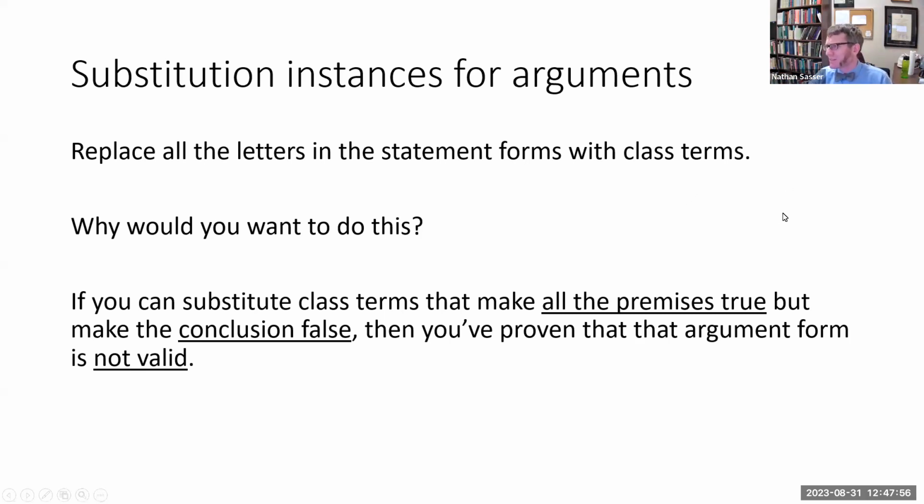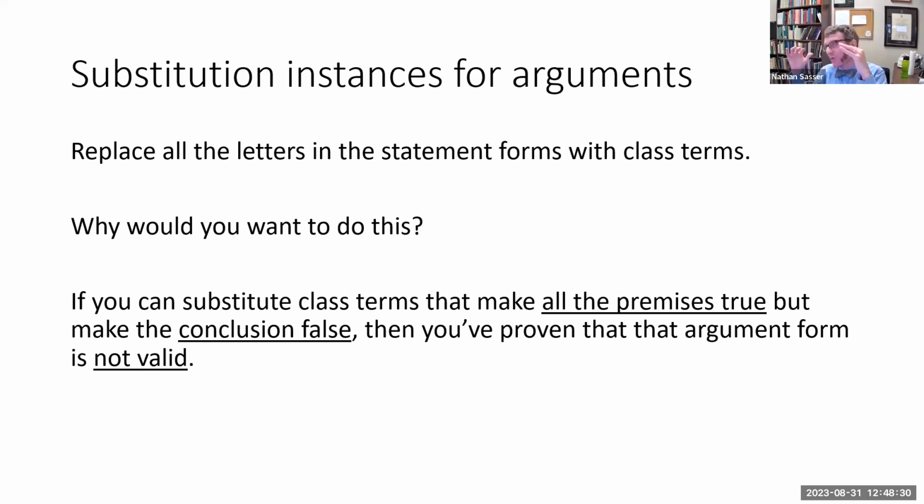And why would you want to do a thing like this? Well, it actually provides us a way to test for the validity of that argument form. Because if you can come up with a set of class terms that plug into that argument form, and those class terms make all the premises turn out true, but make the conclusion turn out false, what you've done is you've proven that that argument form isn't actually valid.